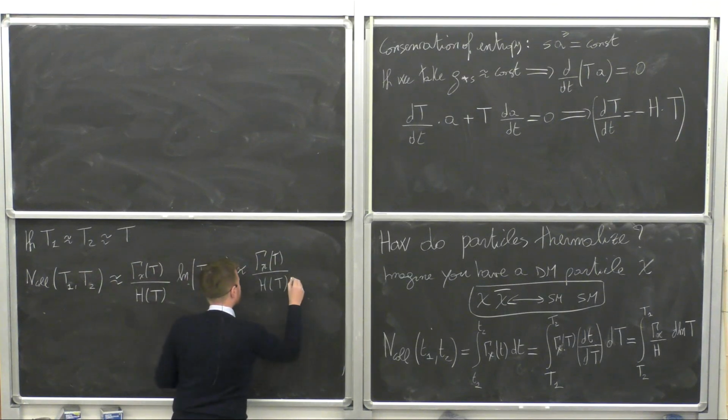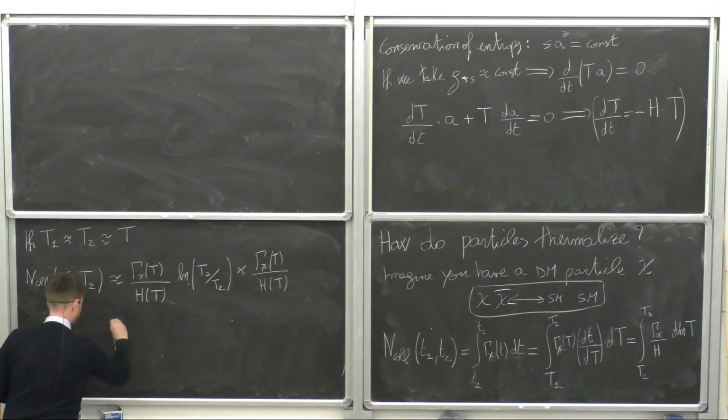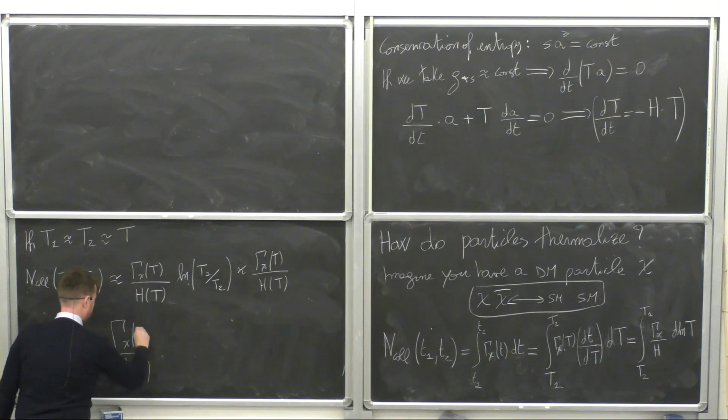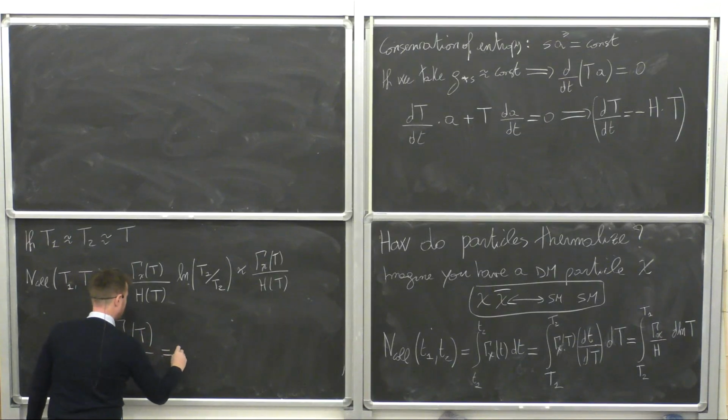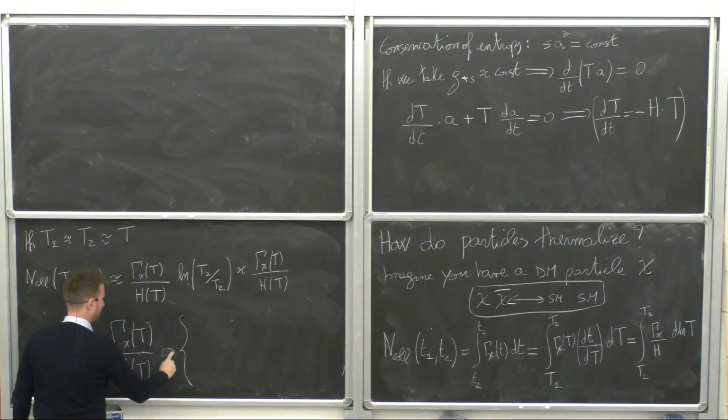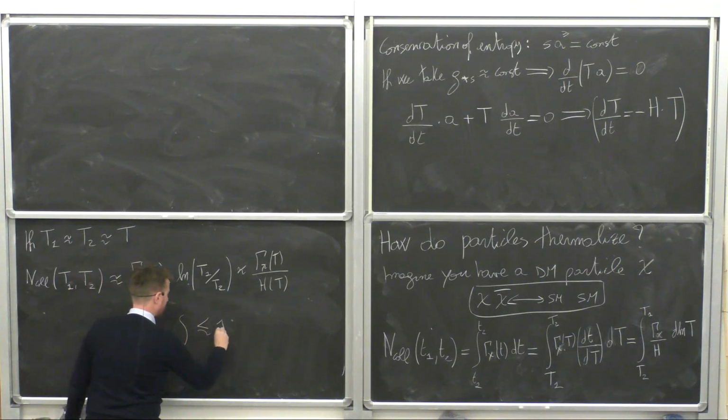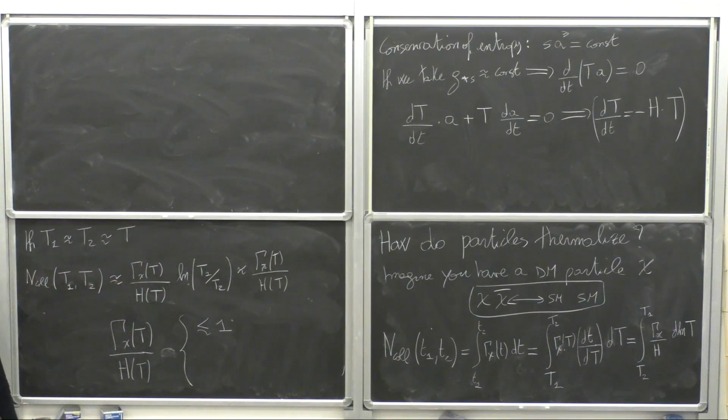So if you compute this ratio at a given temperature and you find that this is less than 1, what does it mean? It means that if you take the amount of time the universe takes to double its size, the universe gets twice as big and there are 0 collisions. Well, less than 1, okay?